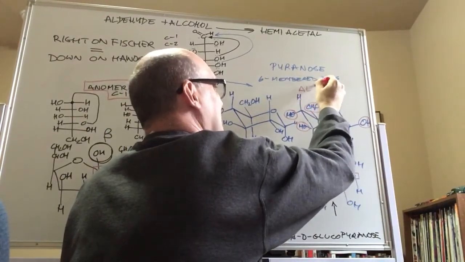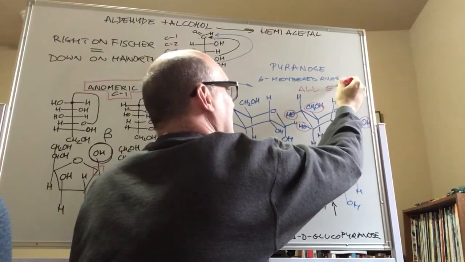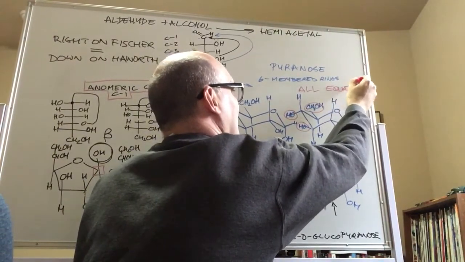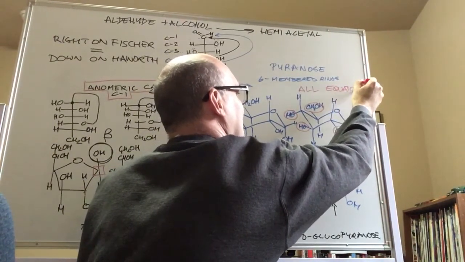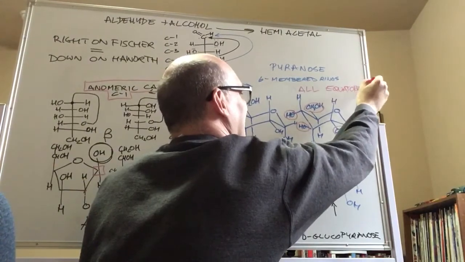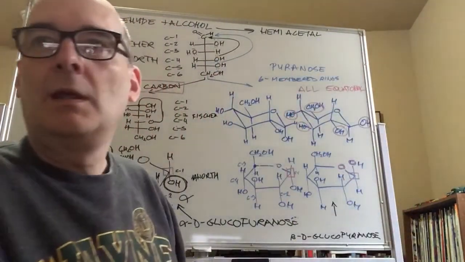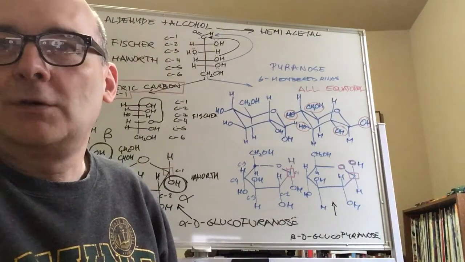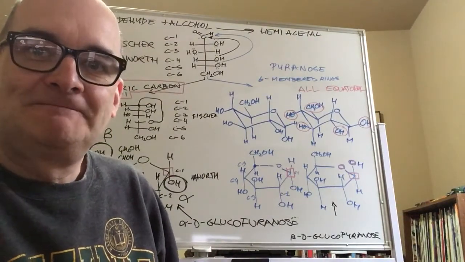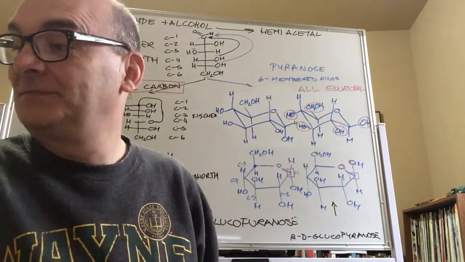The beta pyranose is all equatorial. That's the winner.